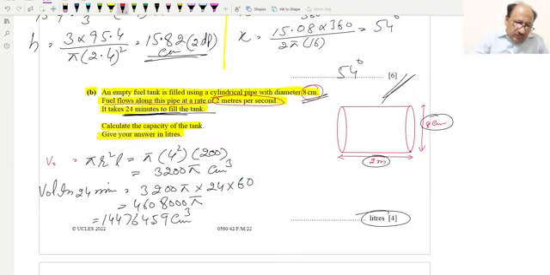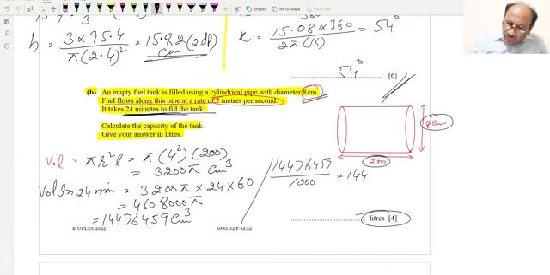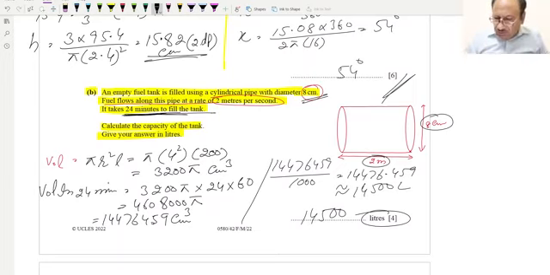So this will be the volume over here. Now 14476459 will be divided by 1000, so this will be equal to 14476.459, and the rounded answer we can write is 14,500 liters. This will be a 4-mark question which we have done.